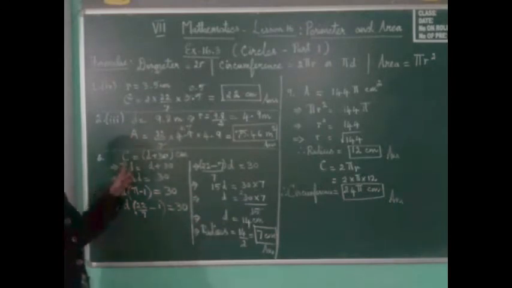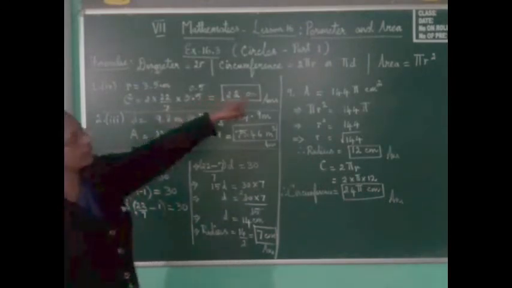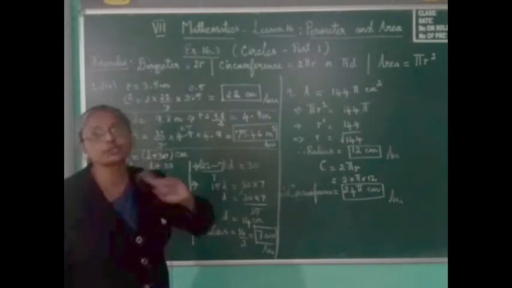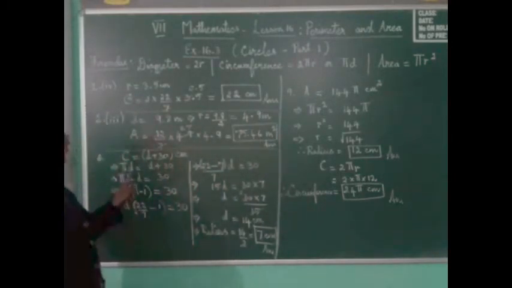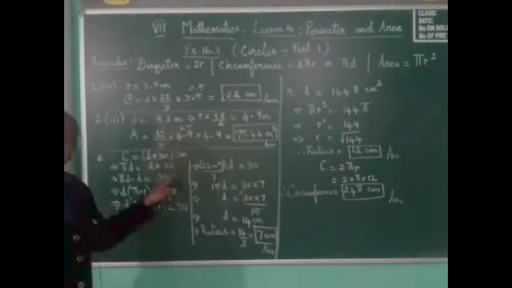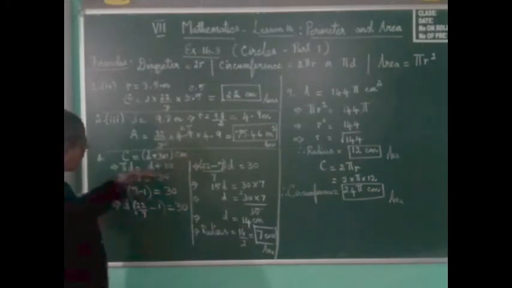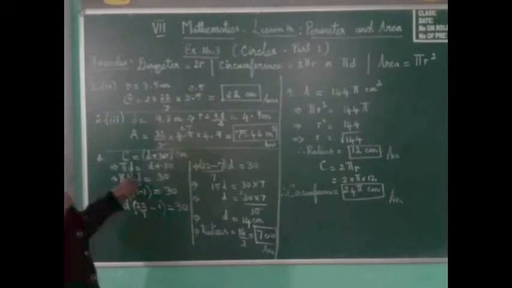And from here, we know the circumference formula in relation to diameter is pi D. So pi D is equal to D plus 30. And from this equation, we have to find the value of the diameter.